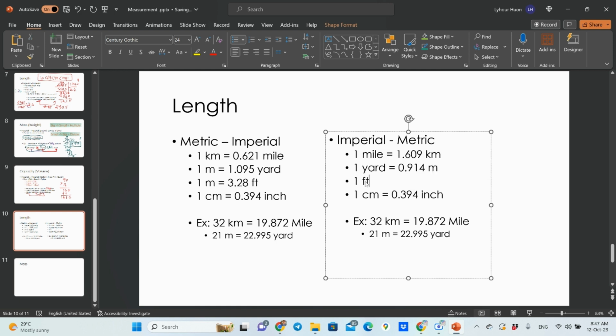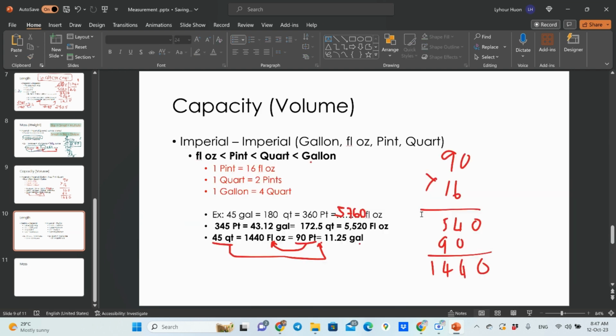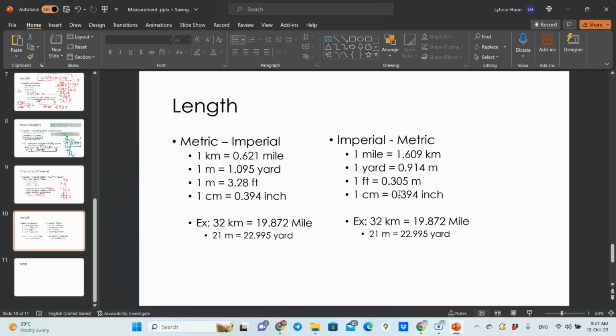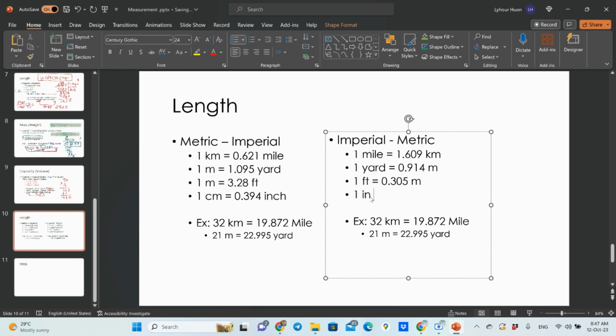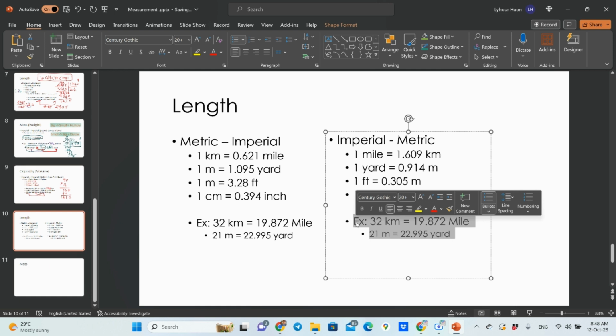1 foot equal to 0.305 meter. And 1 inch is equal to 2.54 centimeters. And to convert is the same.